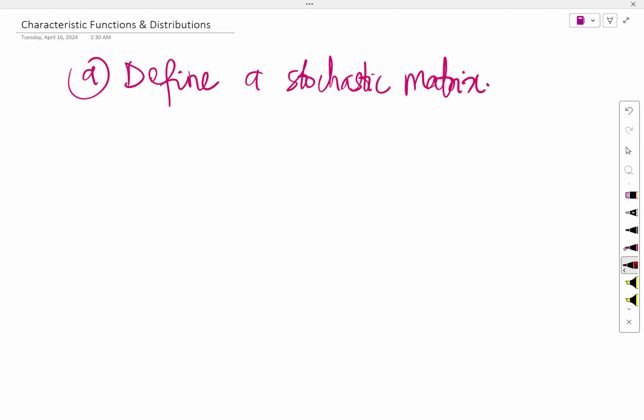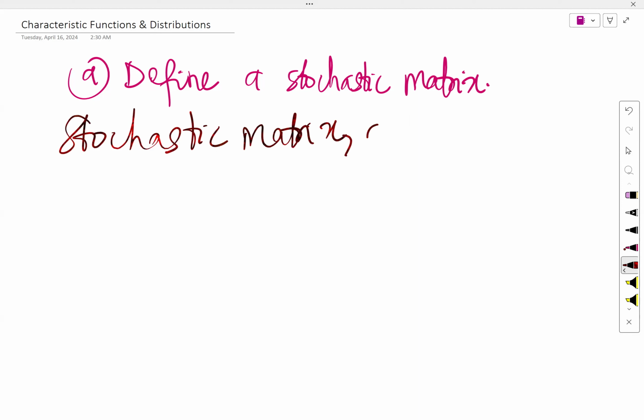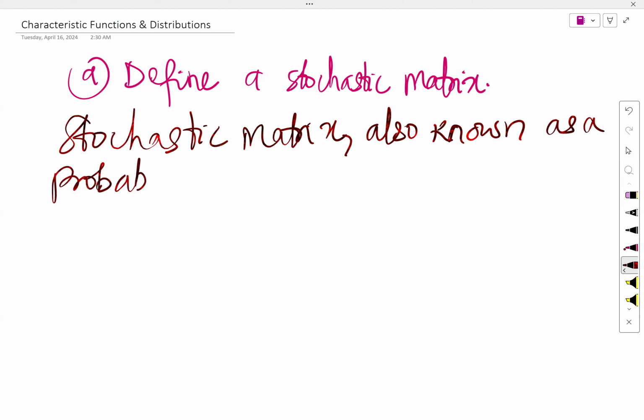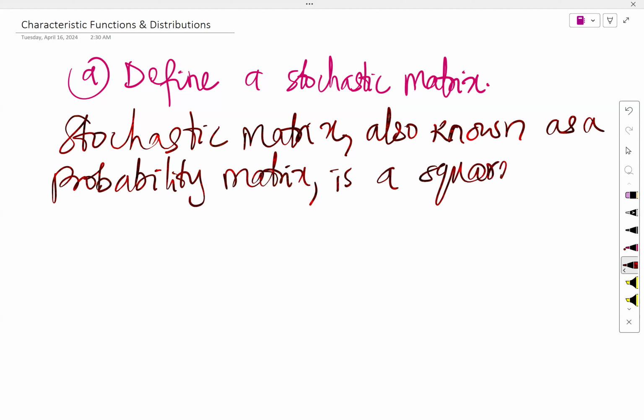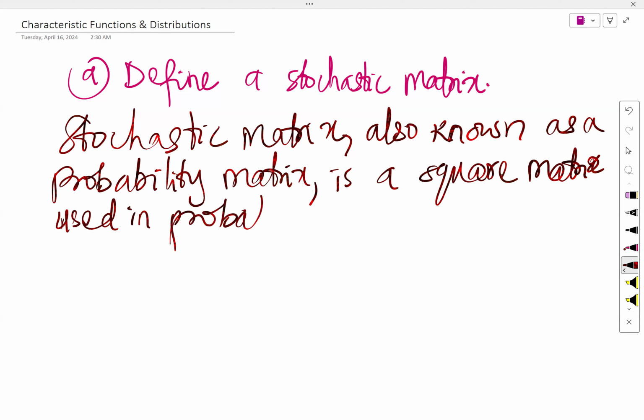And of course, we need to understand that a stochastic matrix, which is also known as a probability matrix, is a square matrix. It's actually a square matrix used in probability theory.